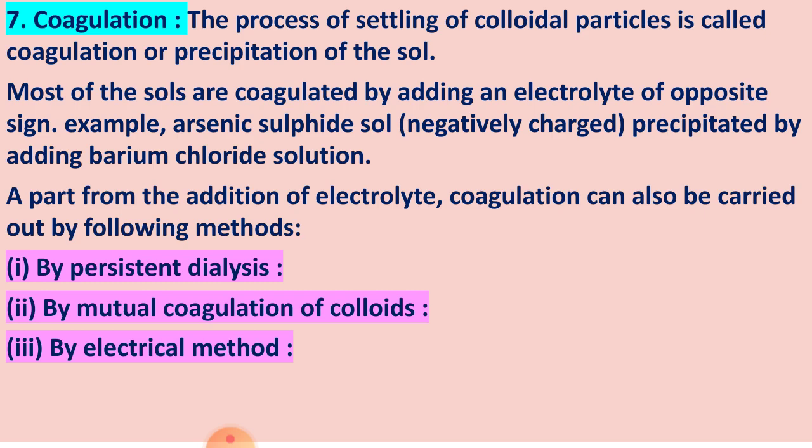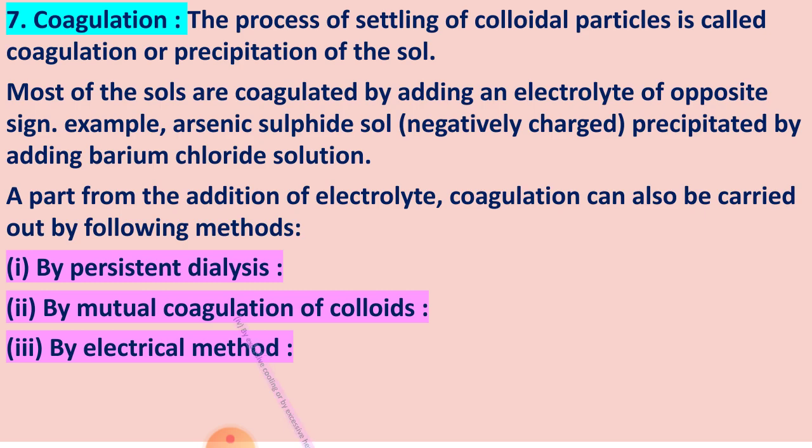When negatively charged sol moves to the anode, it loses its charge and gets precipitated at the anode. Similarly, when positively charged sol moves to the cathode, it loses its charge and gets precipitated at the cathode. So this is the electrical method by which we can do precipitation.